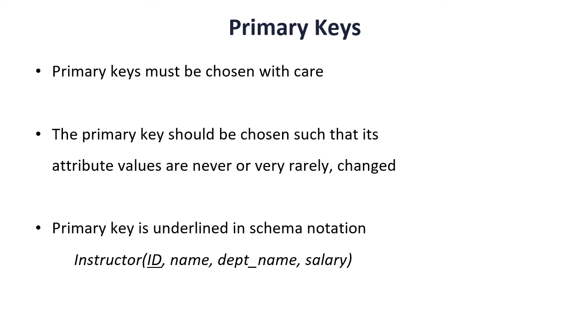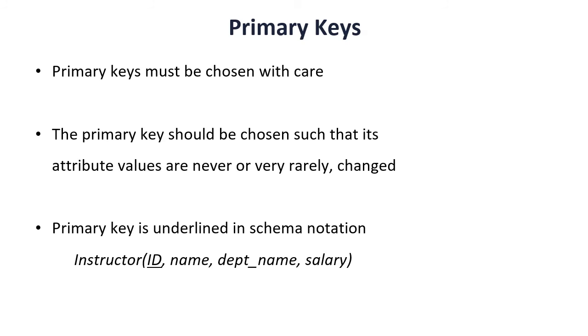When choosing a primary key, we try to make sure that the attribute values are never or very rarely changed. For example, if we choose the student index number as the primary key, we know that it is very unlikely for a particular student index number to change later.